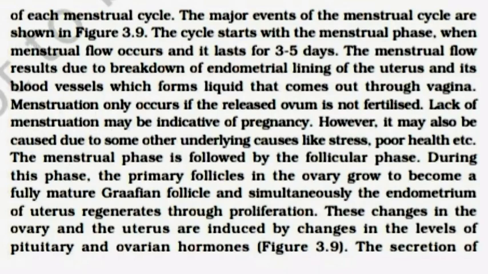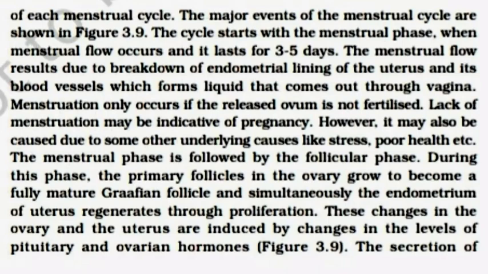Menstruation only occurs if the released ovum is not fertilized. Lack of menstruation may be indicative of pregnancy, however, it may also be caused by some other underlying causes like stress, poor health, etc.